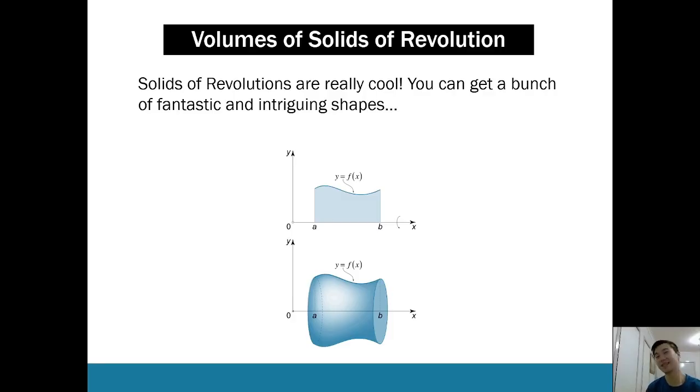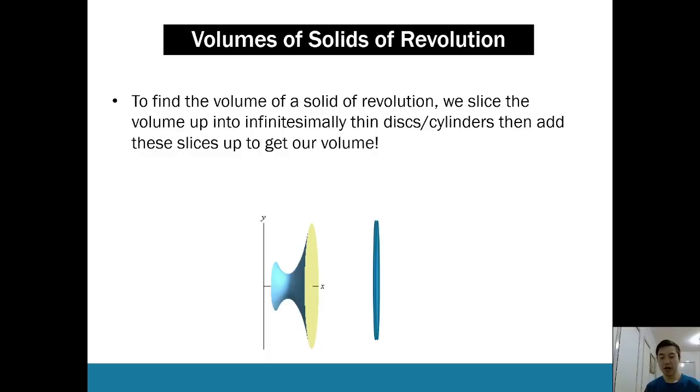They're super cool. The idea of rotating an area around an axis, getting a 3D shape and finding the volume of that, is pretty cool. The way we find the volume of a solid of revolution is we slice the volume up into a bunch of thin discs or cylinders and then add those slices up to get our volume.